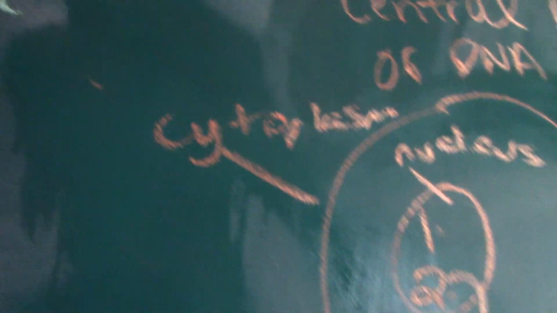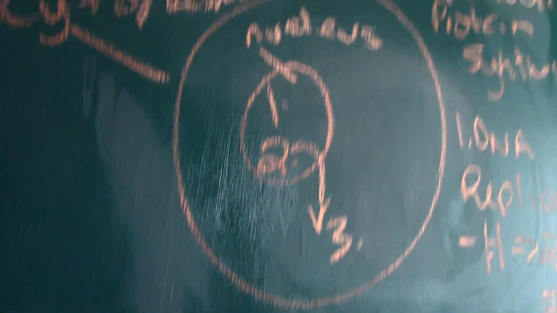From transcription, we leave the nucleus and go to the cytoplasm. This is the nucleus of a cell, if you didn't already figure that out, and the outside of the nucleus is the cytoplasm. That's where all the organelles hang out. So 3 is translation.